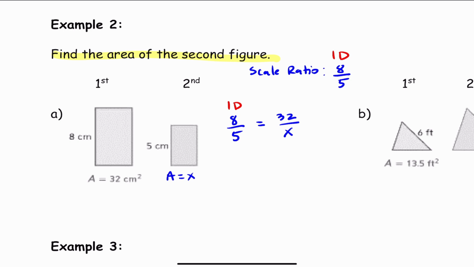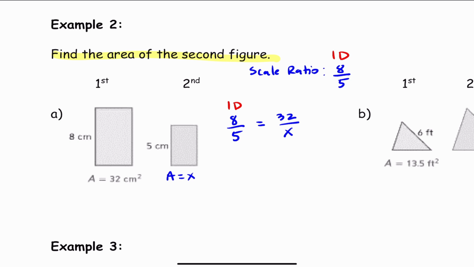So I need to be consistent when I'm writing my ratios. 8 is the first figure, 32 is the first figure. So those two need to be in the numerator, and that's also the case for these two things here. 5 centimeters is part of the second figure, and this unknown is part of the second figure, so they need to be in the denominator.